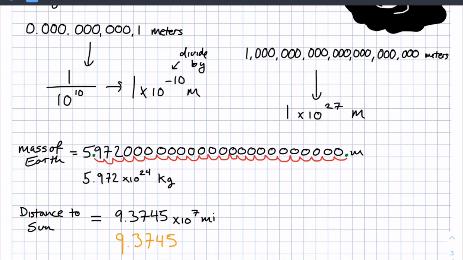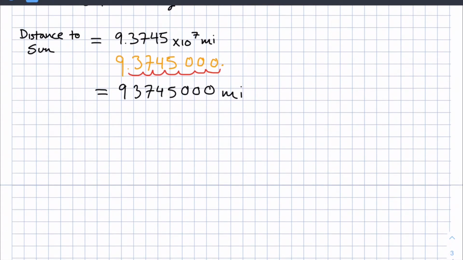Then I look at the exponent, 7. That tells me that I need to move the decimal 7 places, and I move it to the right because it's positive 7. Then I fill in the gaps with zeros and rewrite my final number without all the chicken scratch, 93,745,000 miles. It's pretty far.